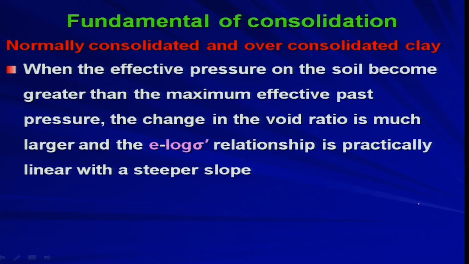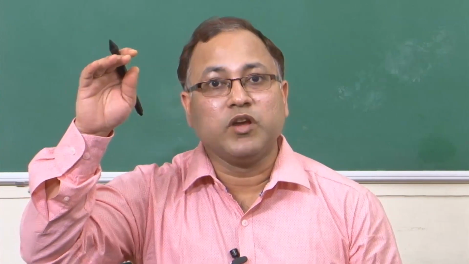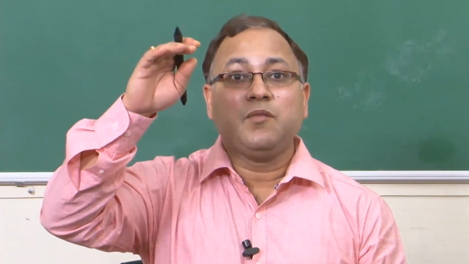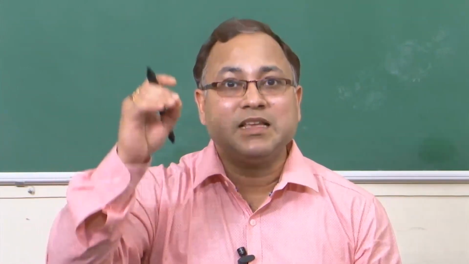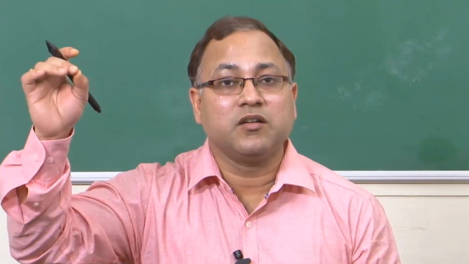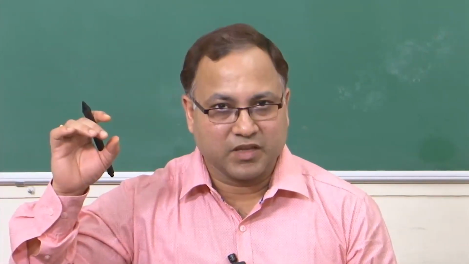Initially you will be getting a very flat slope, as I told you in the e log sigma prime plot. When you are getting the flatter slope, at that time your sigma 2 was less than your sigma 1, that historical or previous or past pressure, right.